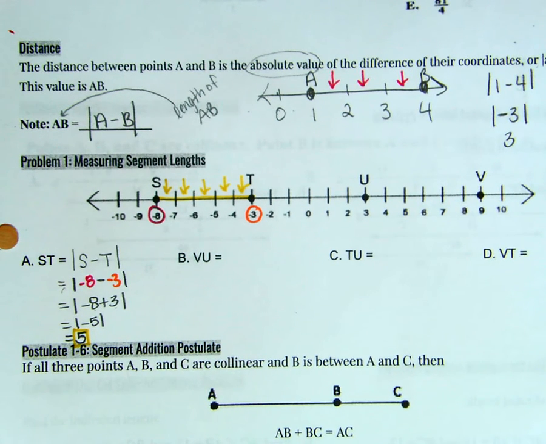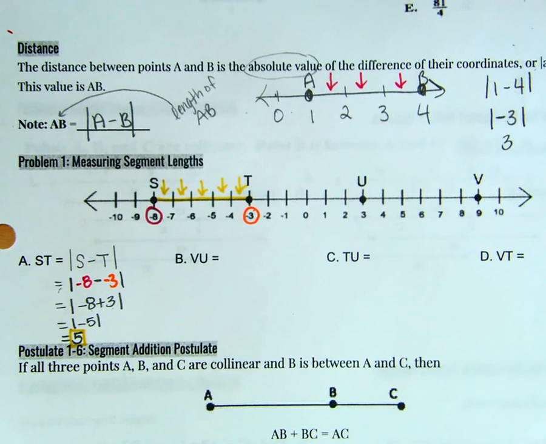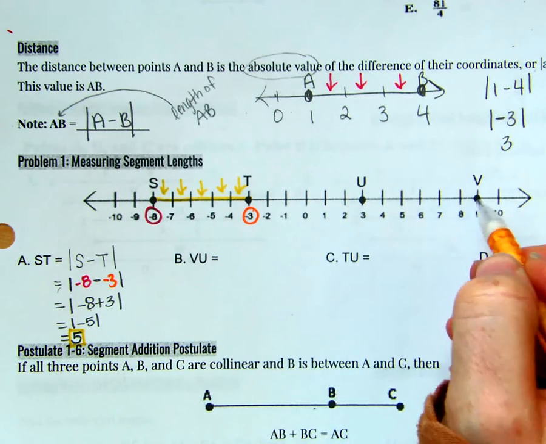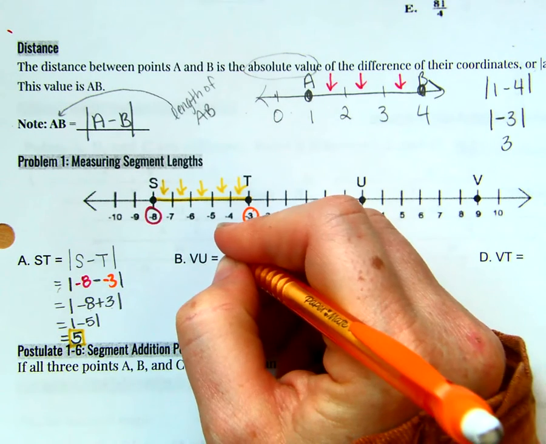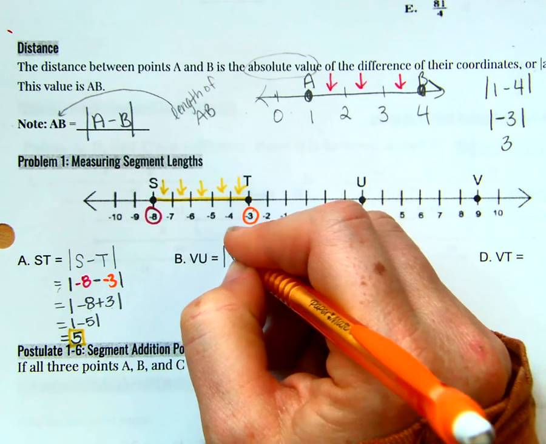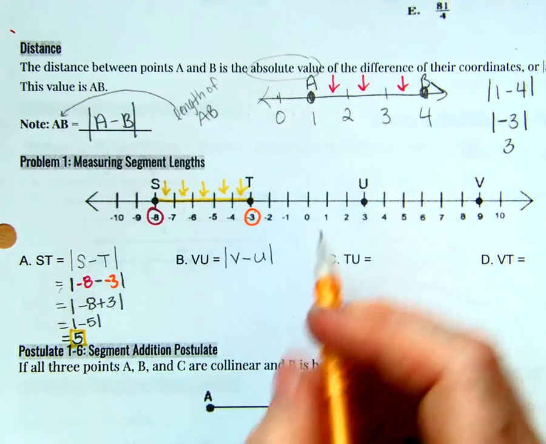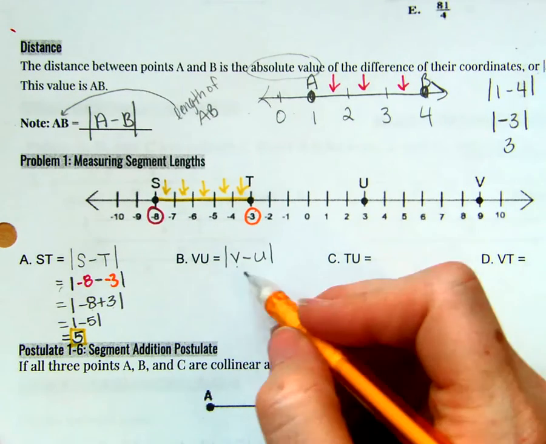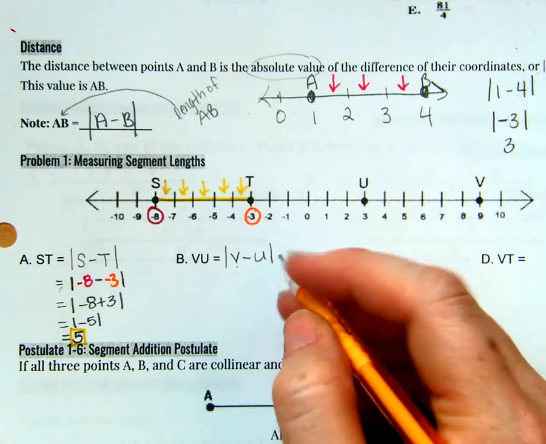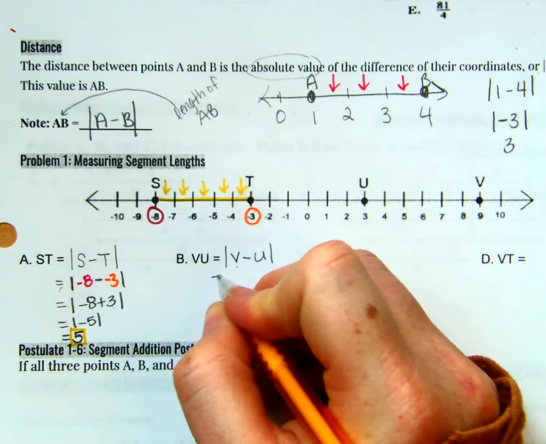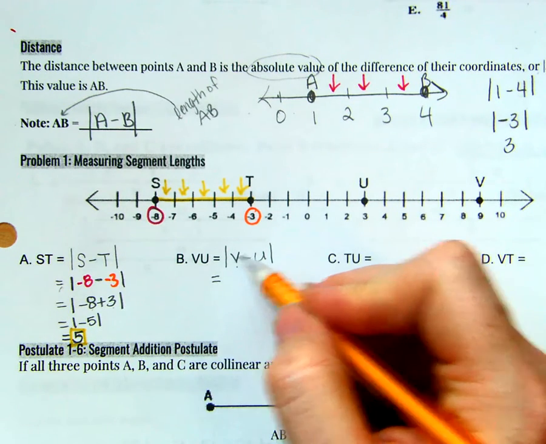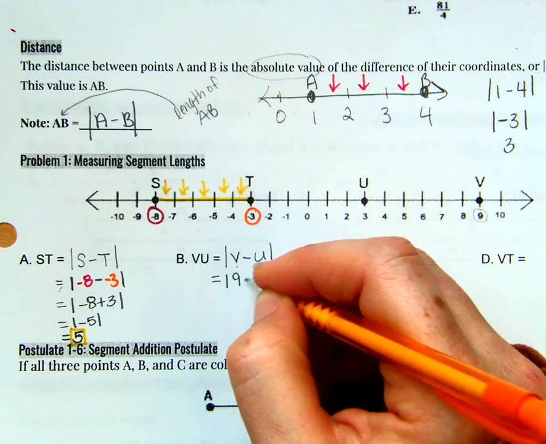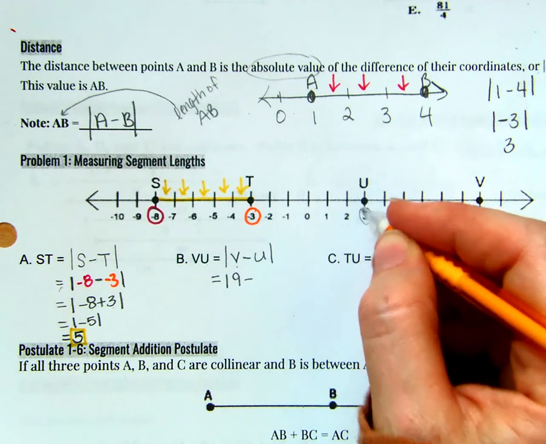Okay, so let's look at the next 3. We're looking at VU, so from V to U. So I'm going to take the absolute value of V minus U. That's what the ruler postulate says here, that I can find the distance by taking the absolute value of the difference. And so I need to find the coordinate. The coordinate for V is 9, and the coordinate for U is 3.